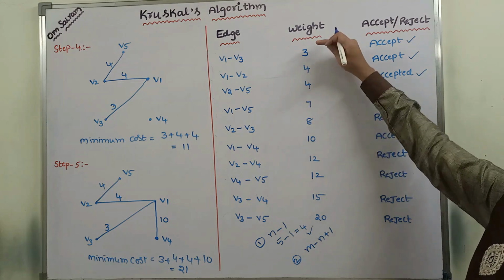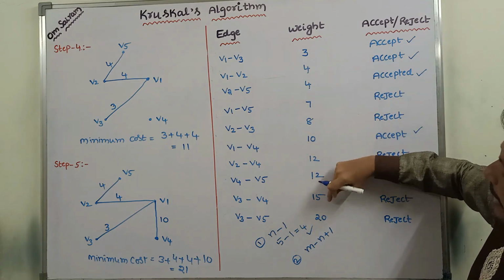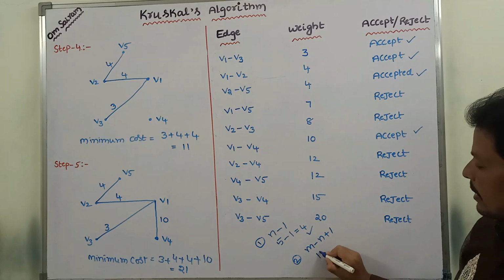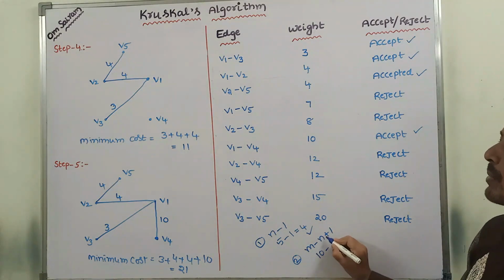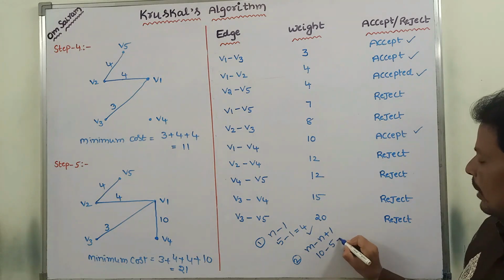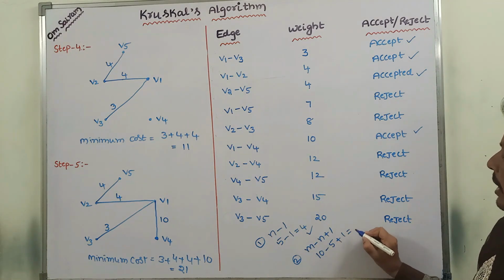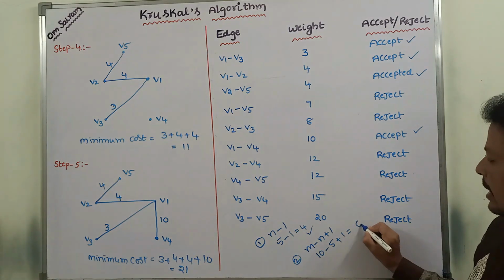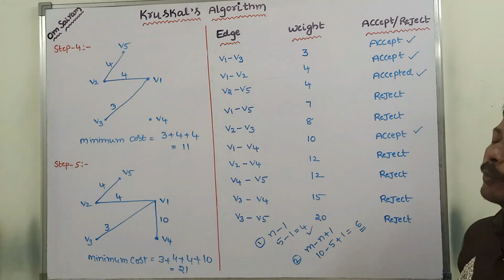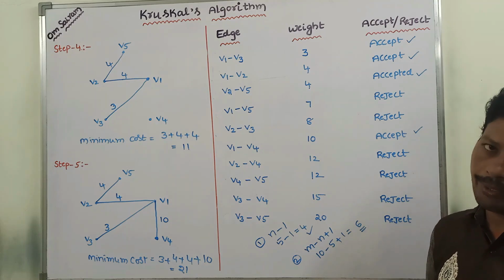There are 10 edges, minus 5 vertices, plus 1. So 10 minus 5 is 5, plus 1 is 6. So 6 edges we have to remove to get the final spanning tree.